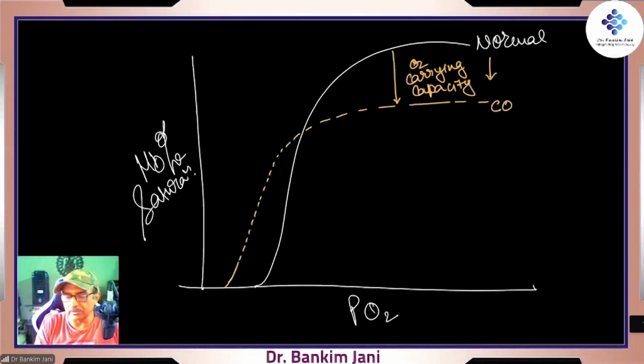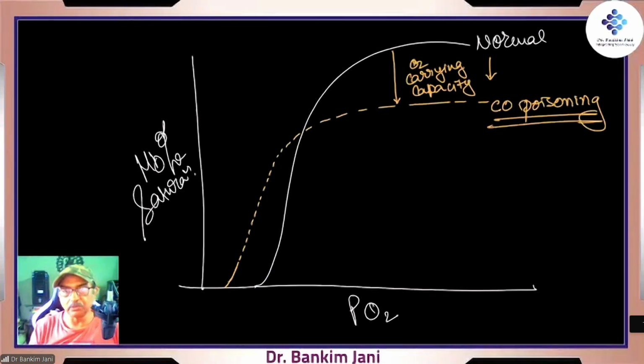This is carbon monoxide poisoning. Simply one reason, because carbon monoxide has 240 times more affinity for the oxygen binding sites. And this would be the left shift. Whatever oxygen is there, it is not even allowing offload. That's why this is the left shift.